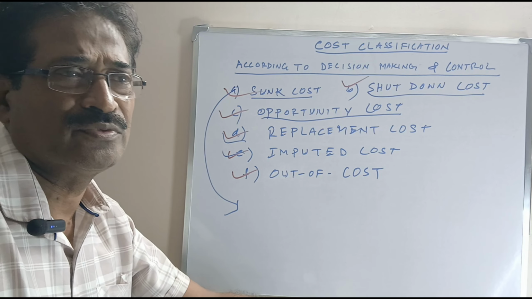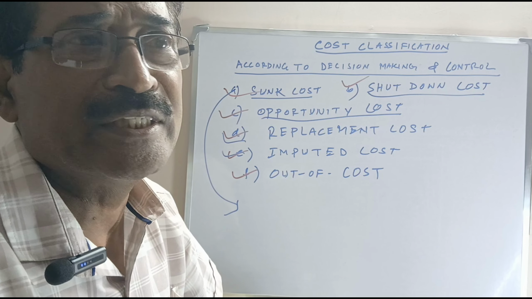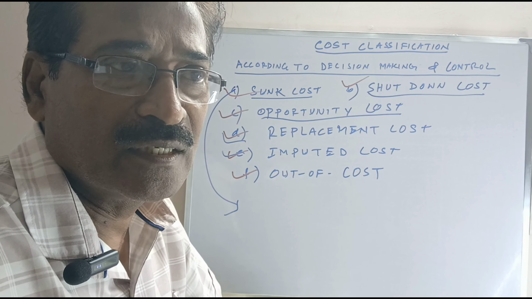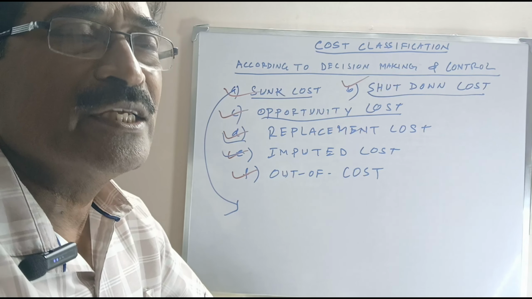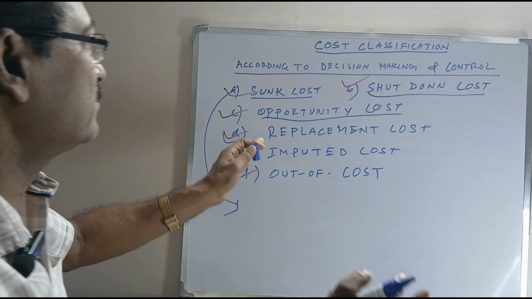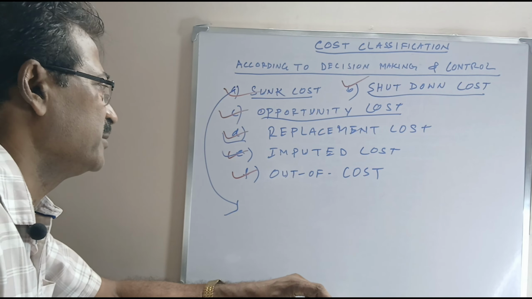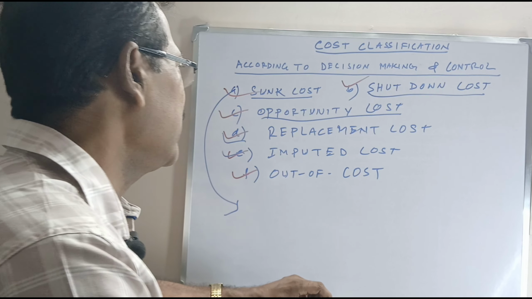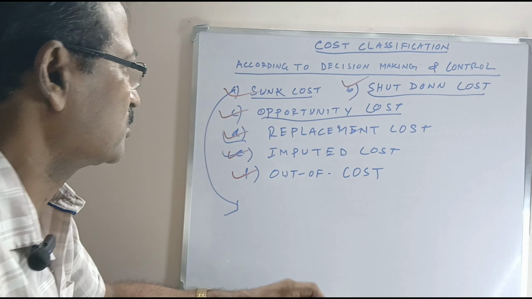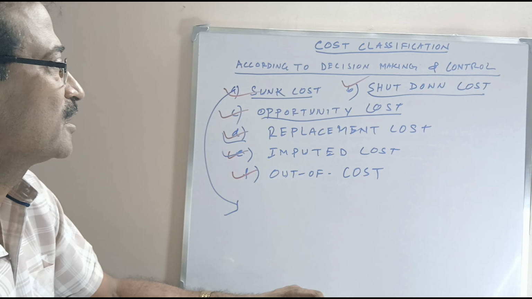Say cost of providing capital, that means cost of interest of his own capital, cost of rent of dwelling his own houses. These are the costs considered when there are so many alternatives. In case of decision making, that cost is considered. Actually there is no cash outlay. This is somewhat a type of opportunity cost. This is called imputed cost. This is hypothetical cost, but this is relevant in case of decision making.